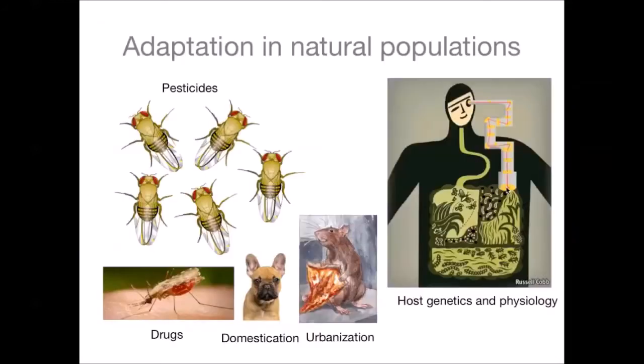And my research has taken me to studying a whole bunch of different systems that range from Drosophila melanogaster and malaria, dogs, New York City rats, and most recently my interests have been on the human microbiome, which I believe is a really wonderful system to study natural populations because you can actually capture ecological and evolutionary forces acting almost simultaneously, something that likely is generic to many organisms.